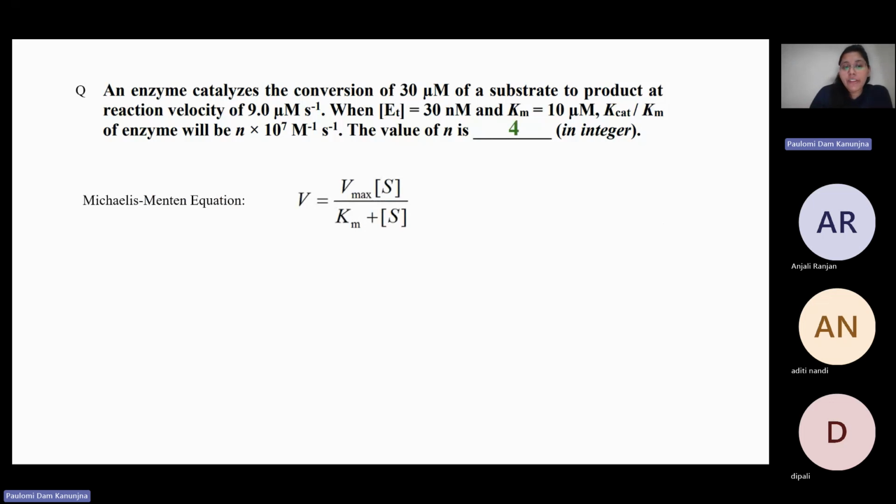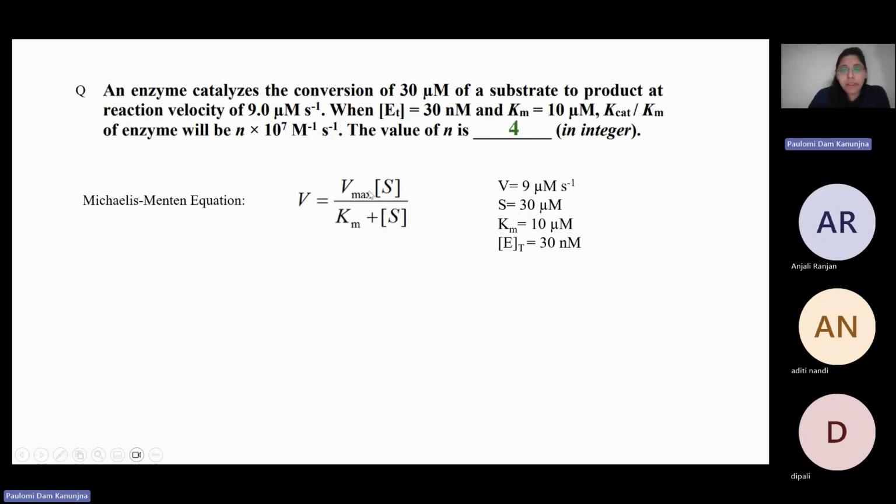So of course we begin with the Michaelis-Menten equation, which is V is equal to Vmax S divided by Km plus S. Now from this we are given our velocity V 9 micromole per second, our S 30 micromole. We also have been given Km, which is 10 micromole, and we know ET. We'll use ET later.